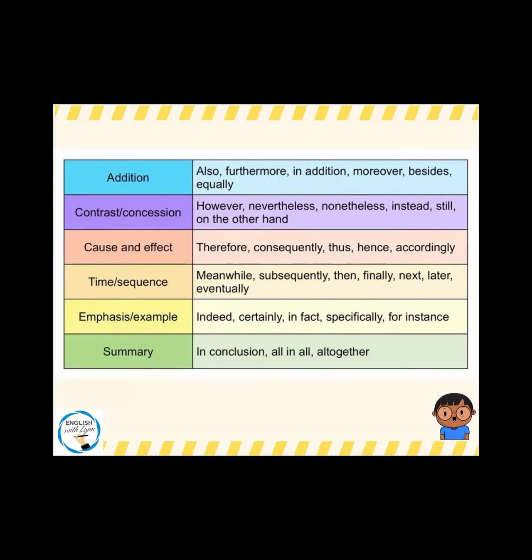To show the contrast, you've got however, nonetheless, instead. On the other hand, is used a lot when it comes to discursive writing or balanced argument writing, where you are showing a difference in point of view.